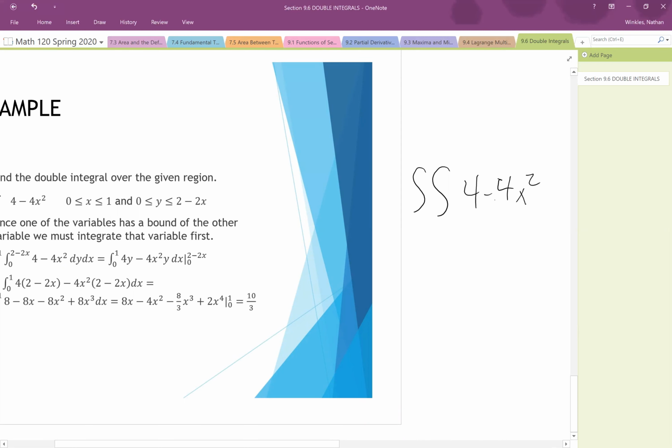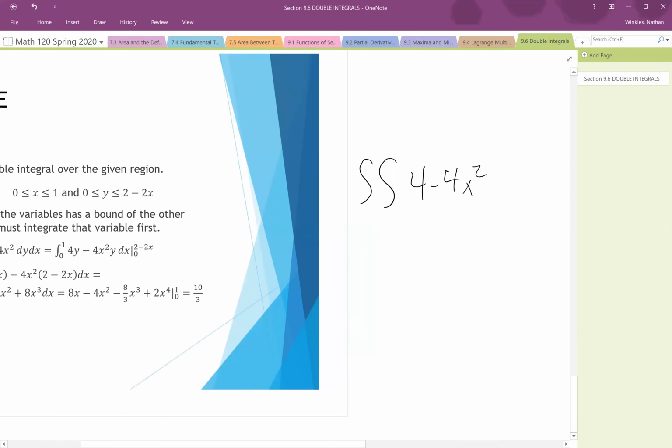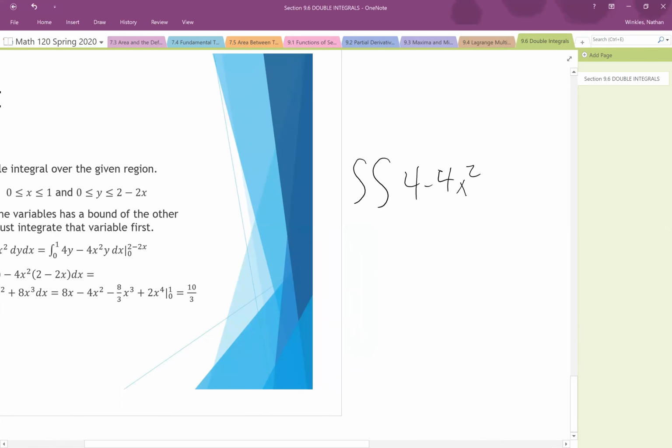that one of our variables is in terms of the other one, so y is bounded by 2 minus 2x, we have to do y first because I can't plug in values for x and then still have x's left in my function here. So my y is bounded between 0 and 2 minus 2x, and then my x is going to be bounded between 0 and 1.